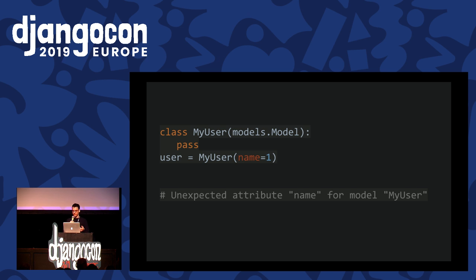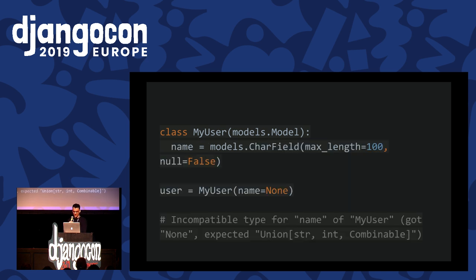So if you try to construct some model object and it doesn't actually have the attribute you're using, it will tell you about that. Let's say you have a character field on your model and you try to pass it a None, but it's not nullable, it will complain about that.